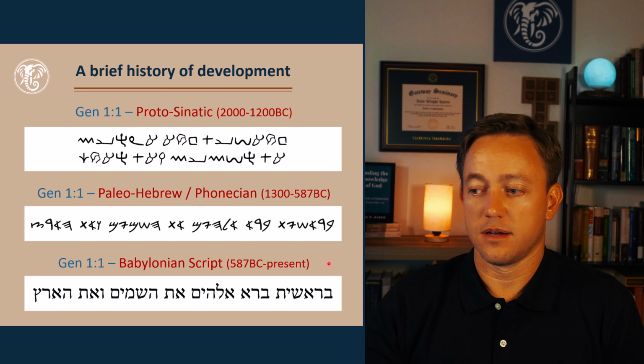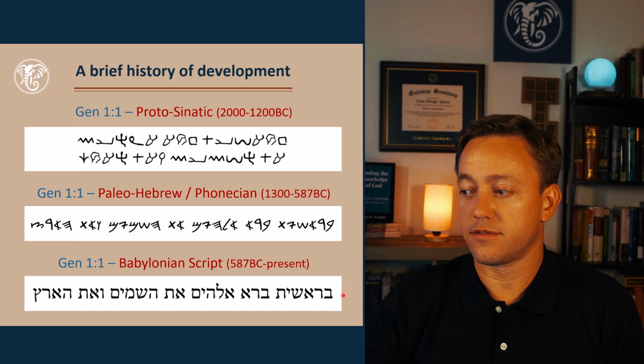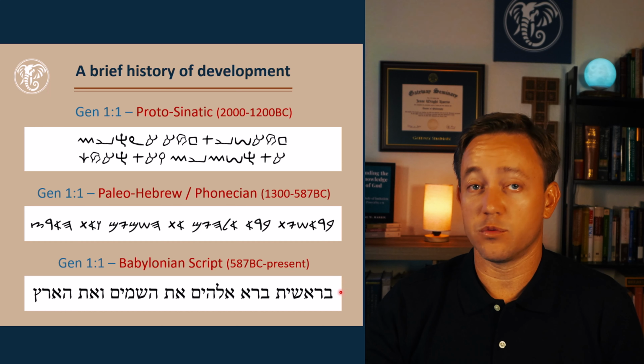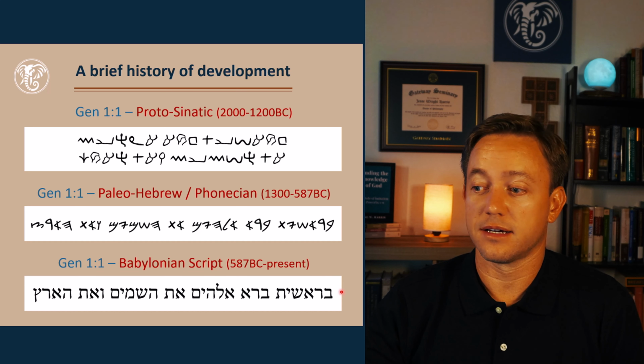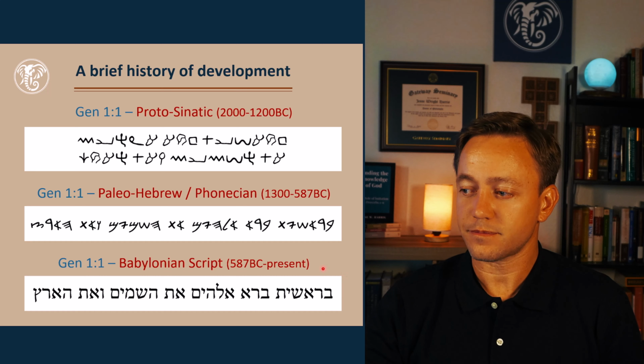And so from then on, Hebrew, as we know it, was forever changed to this, what we think of now as the Hebrew script, though originally it was actually the Babylonian Aramaic type of writing style.